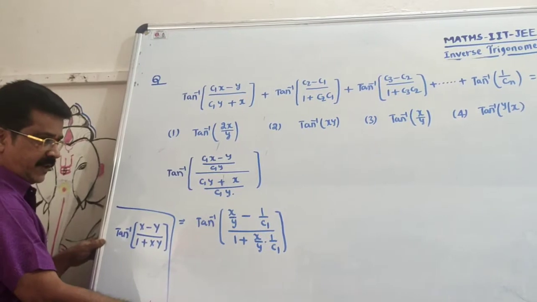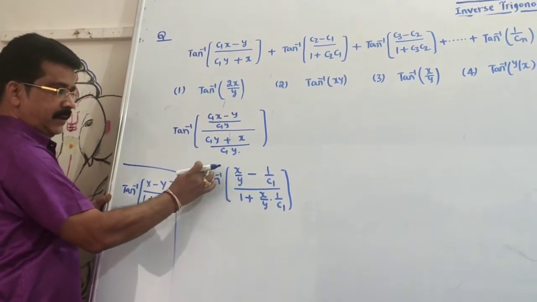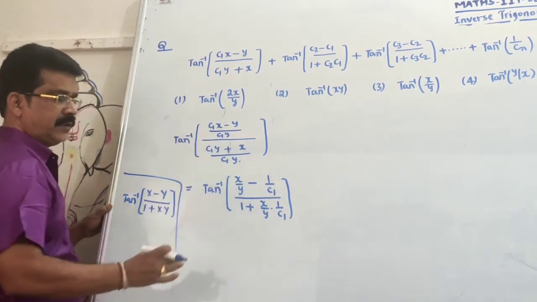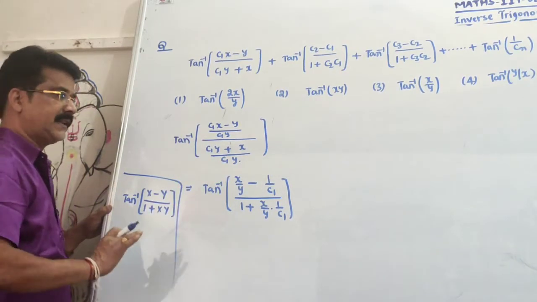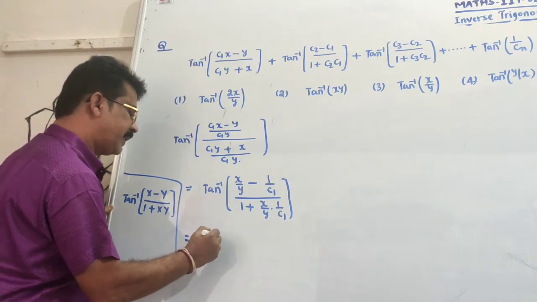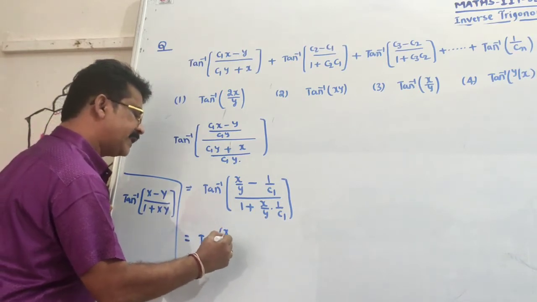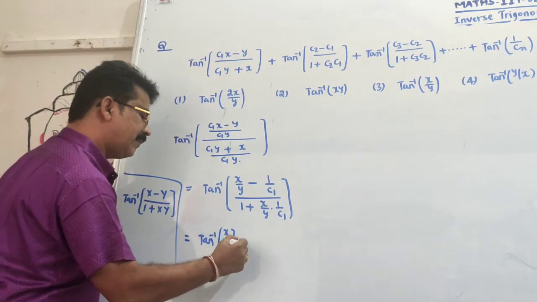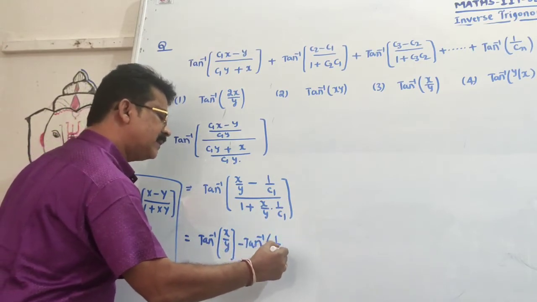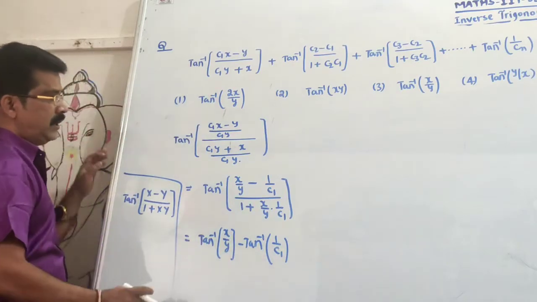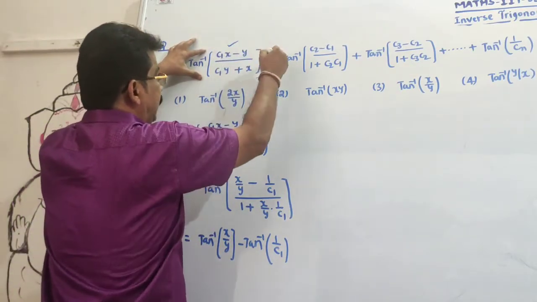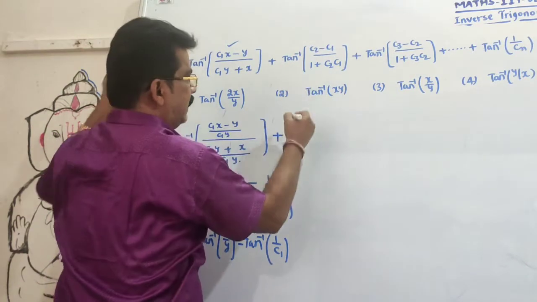Later, in the next step, we simply write tan inverse of x by y minus tan inverse of 1 by C1. So this is all about the first term. Okay, it is over. Next, plus the second term.